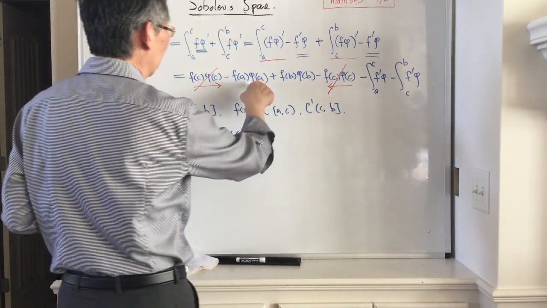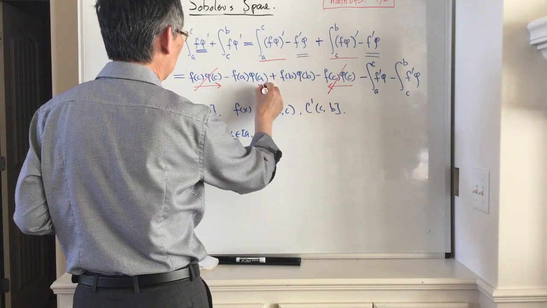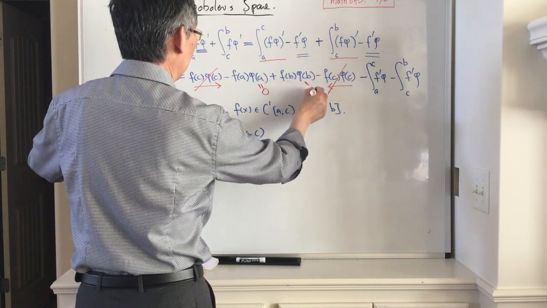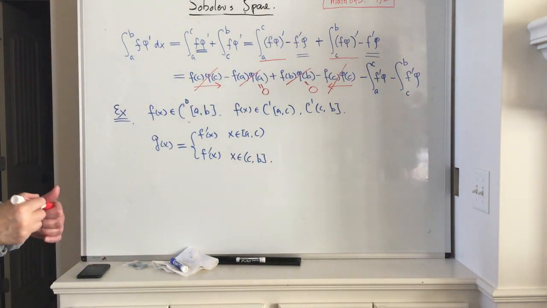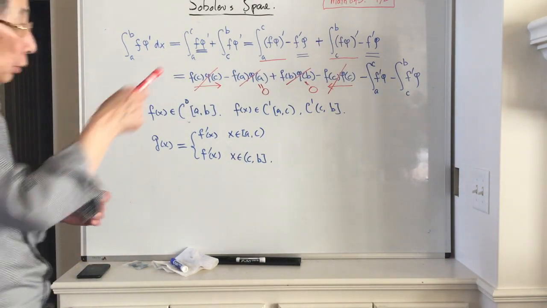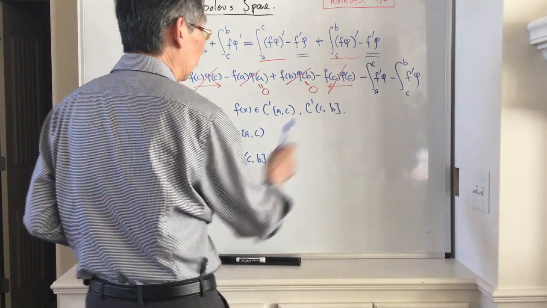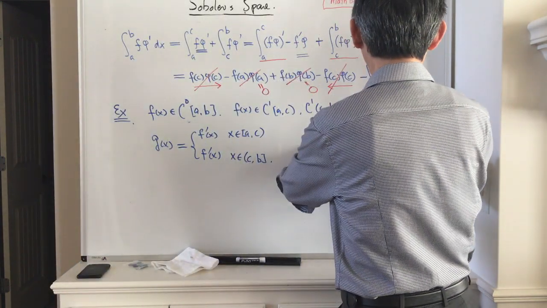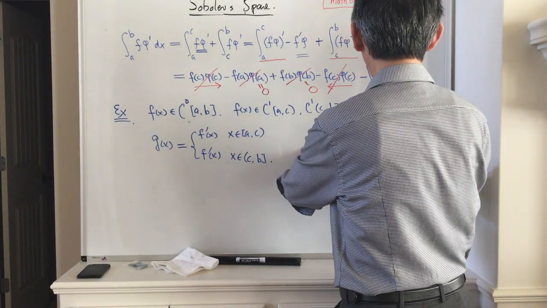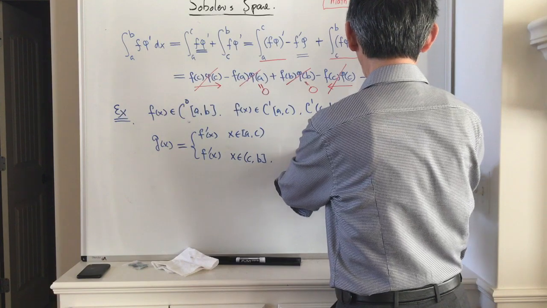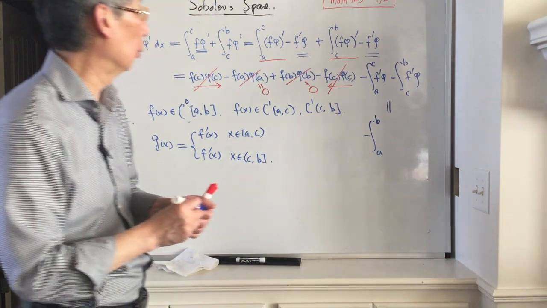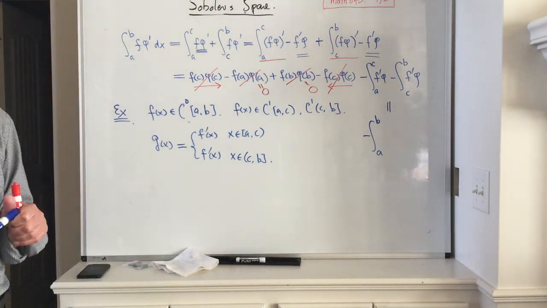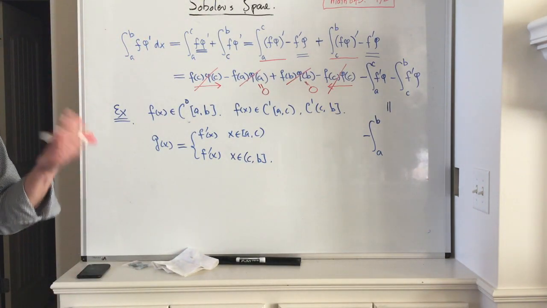And also on these two terms, I know that phi(A) equals 0 and phi(B) equals 0, so this also equals 0. They're all canceled. So there are only the other two terms left. But then I can combine these to be the minus integration from A to B. Now, when you combine this, you cannot combine F prime together unless you use another notation, because F prime is not a continuous function.